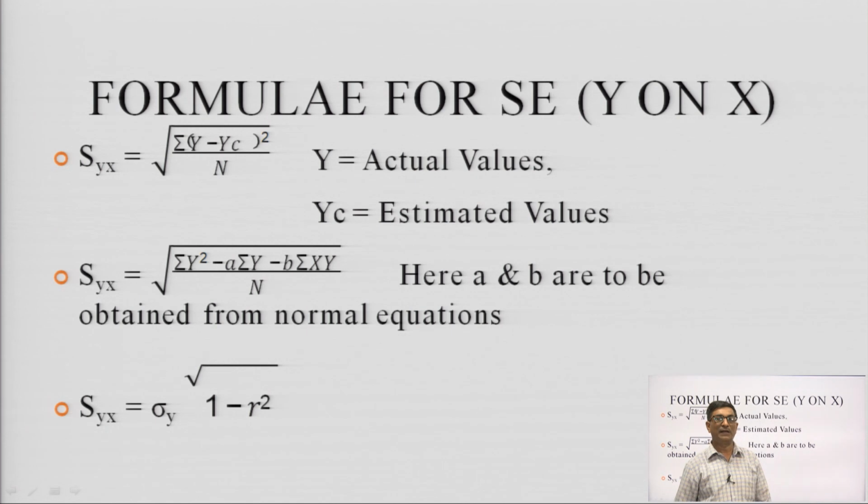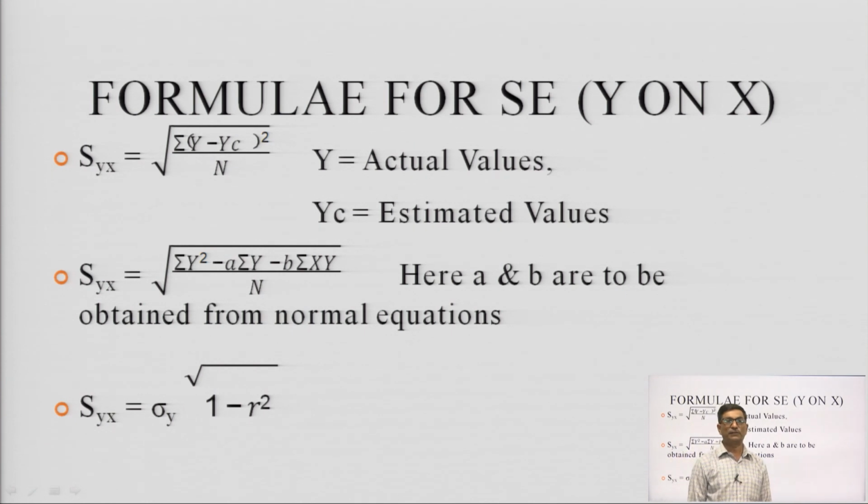The standard error of estimate is calculated with the help of the following formula: s y x equals square root of summation y minus y c whole square upon n, where y is the actual value and y c is the estimated value. Another formula to calculate s y x is square root of summation y square minus a summation y minus b summation x y divided by n, where n is the number of observations and a and b are obtained with the help of normal equations.